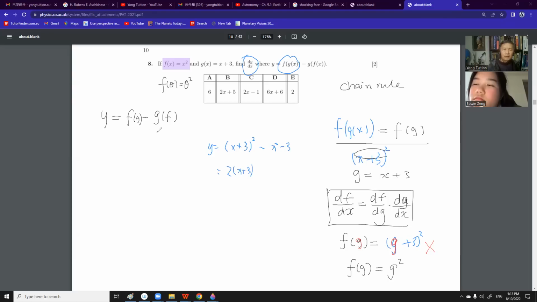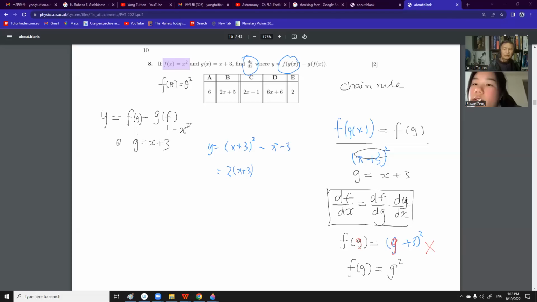Of course, f and g are functions of x. So what is g? In this case, g is the relation between g and x, just x plus 3. However, in this case, what is f? F is x squared.